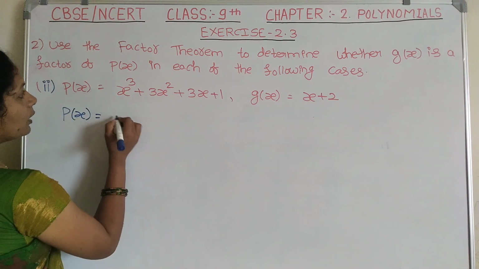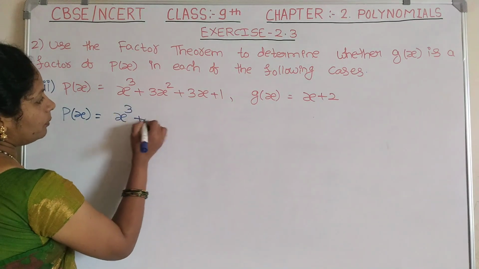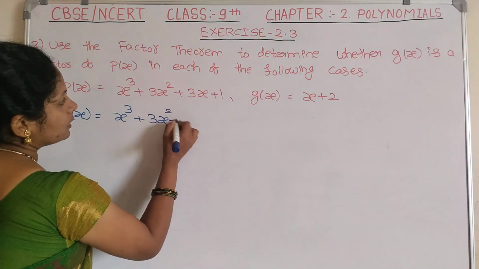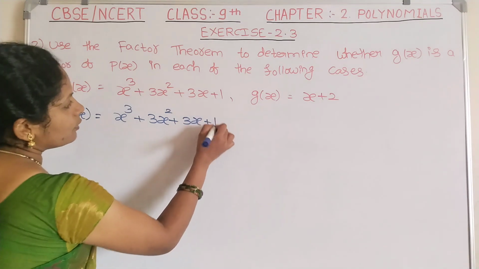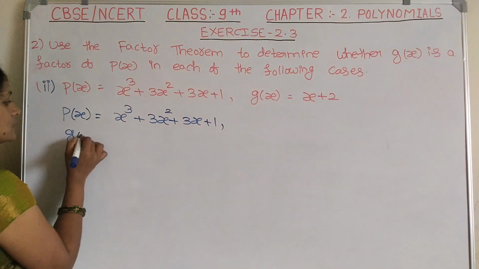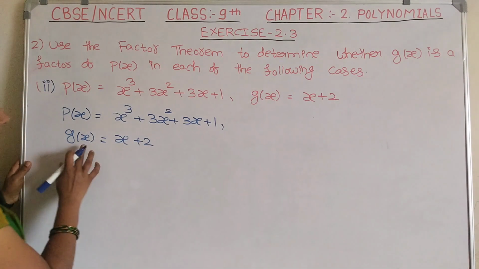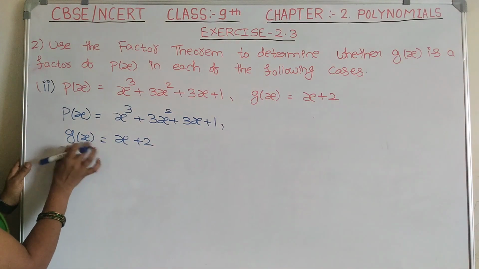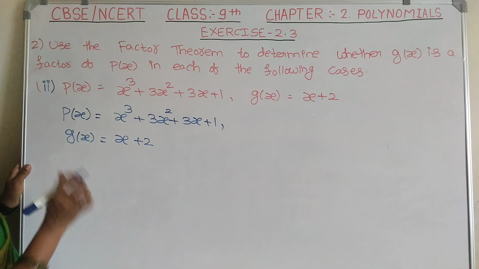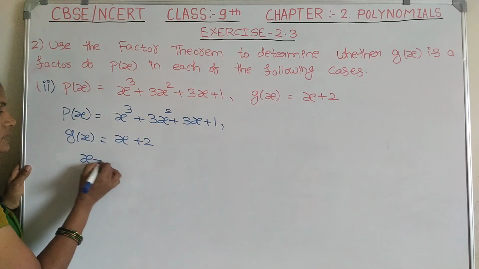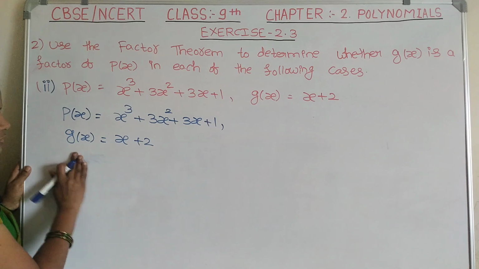First of all, p of x is equal to x cube plus 3x square plus 3x plus 1 and g of x is given as x plus 2. First, as we have to determine whether g of x is a factor or not, we have to equate this g of x to 0.